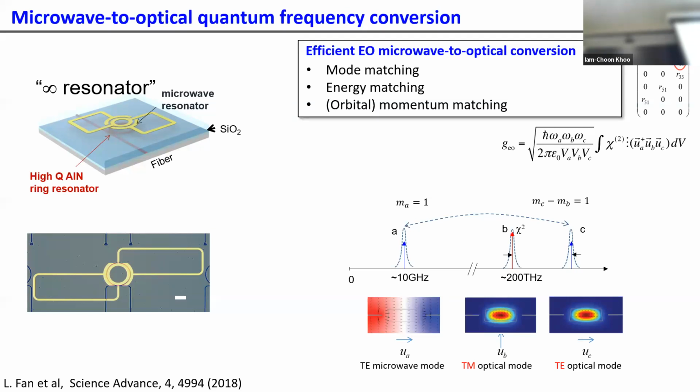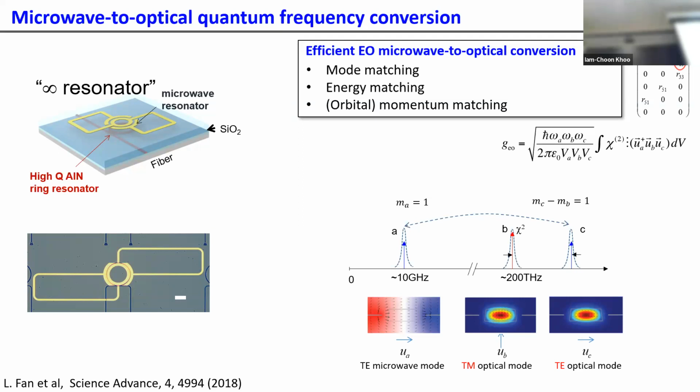The mode matching means that if you look at the electro-optical tensor, most of the elements are zero. You want to leverage the non-zero elements. If you look at the non-zero elements, there's 1,3,3 and 3,3,3. The 3,3,3 is very hard because the optical field and the microwave field would all be aligned to the c-axis, and we normally want the microwave field to be in plane.